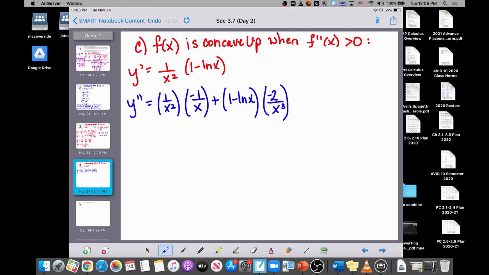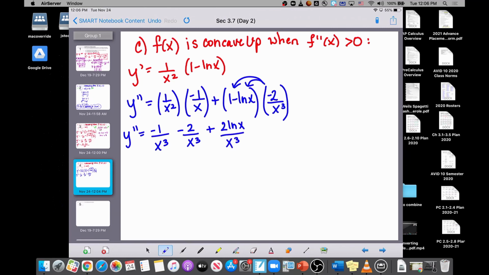Okay, now let's clean this up. So y prime prime is going to be equal to negative 1 over x cubed. And then if I distribute that negative 2 over x cubed to the 1 minus ln x, I'm going to get negative 2 over x cubed times the 1. And then I'm going to get positive 2 ln x over x cubed when I multiply it times the negative ln x.